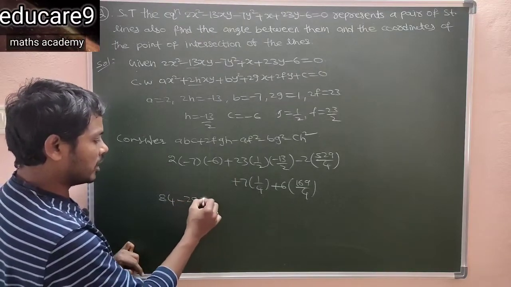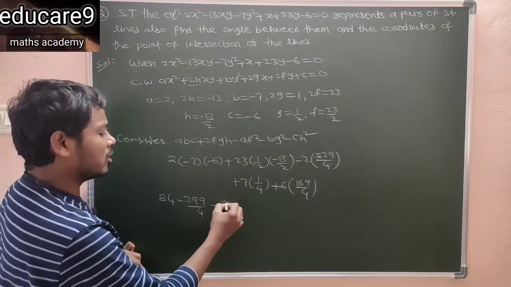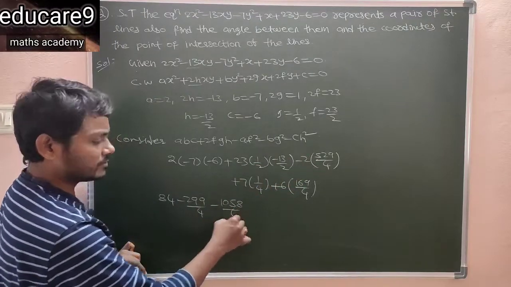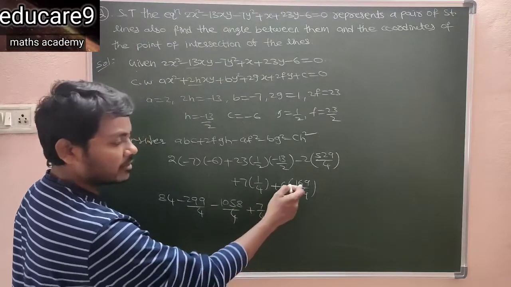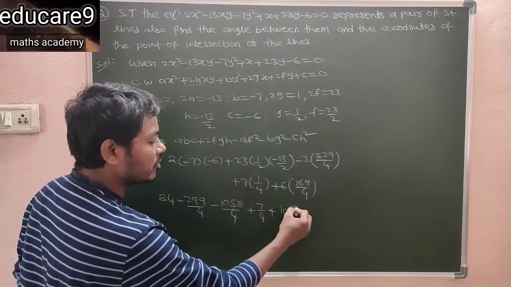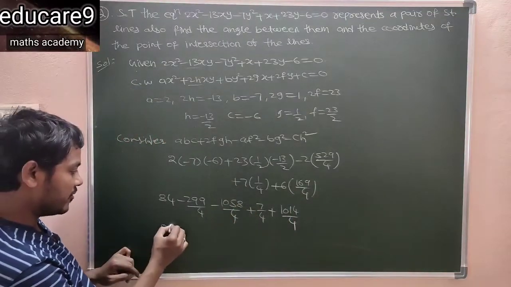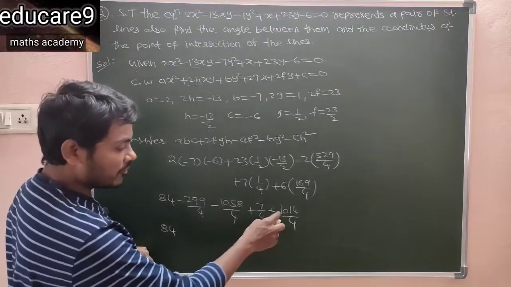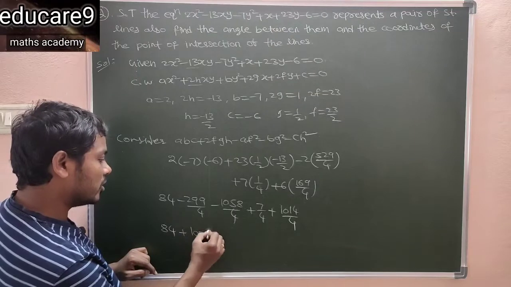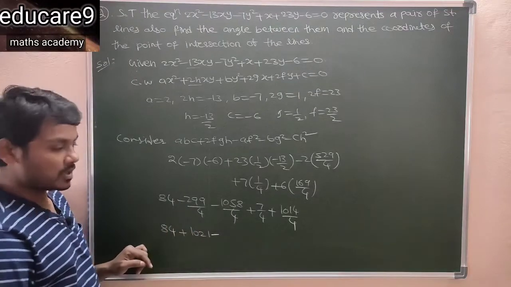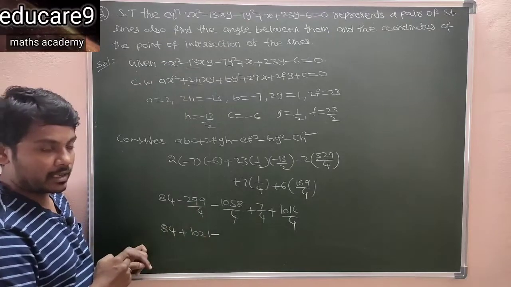Minus 299 by 4, minus 2 into 529, 1058 by 4, plus 7 by 4, 6 into 169, 1014 by 4. Okay, so here this is 84. See here, 1014 plus 7 is 1021, minus 1058, minus 299.